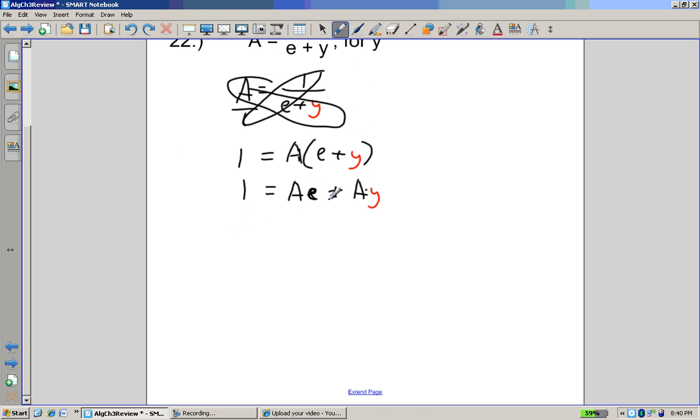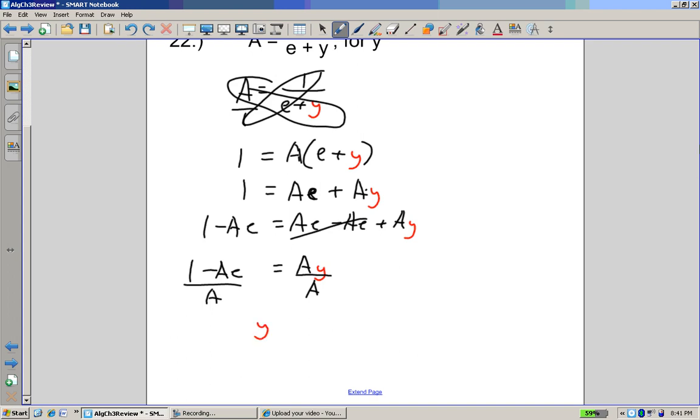All right, so subtract AE. Those will subtract to 0. And now divide everything by A.